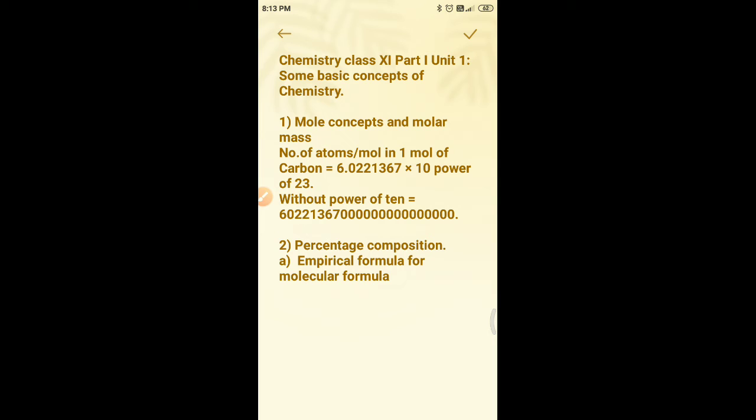So 4.07% of hydrogen becomes 4.07 gram of hydrogen. Likewise, 24.27% of carbon becomes 24.27 gram of carbon.